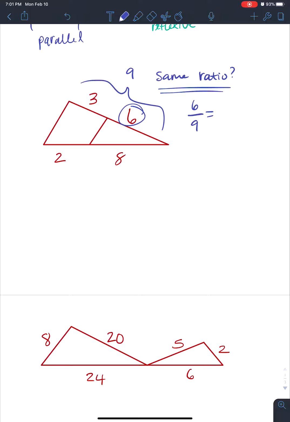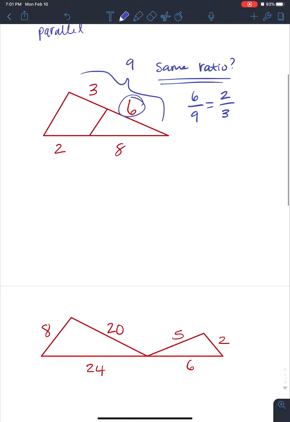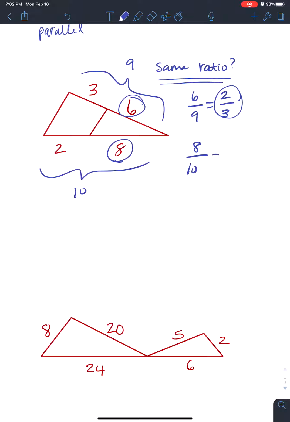And then simplify that down. So these have one common factor, 3. So that's going to simplify to 2, and that's going to simplify to 3. So there's one ratio. And then you go to the next one and compare the 8 here to the 10. Simplify that down. That's going to be 4 to 5.